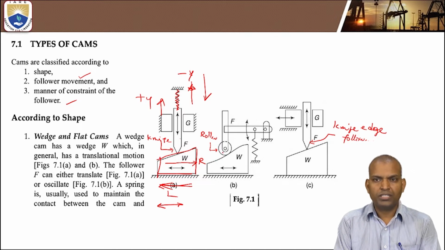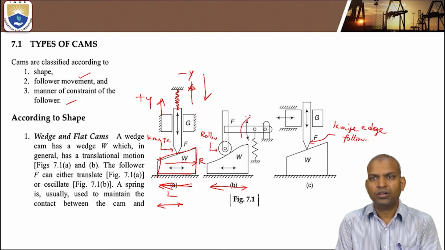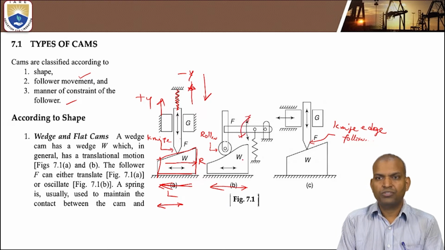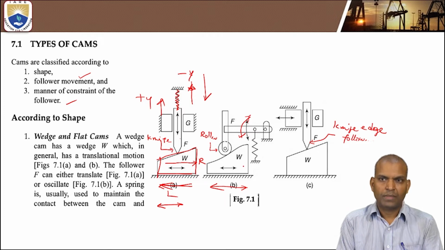But the follower is a roller follower. It converts the horizontal translatory motion into the rotary motion of the shaft. Thus, we can convert translatory motion into rotary motion.